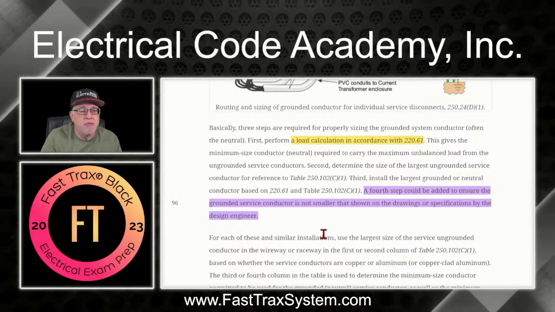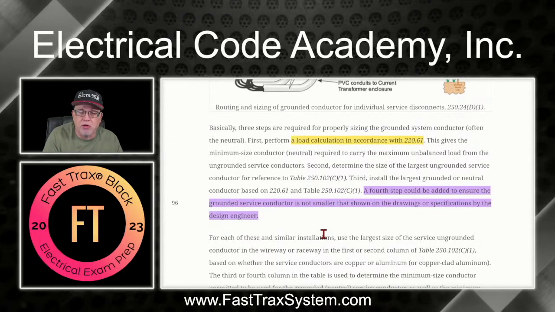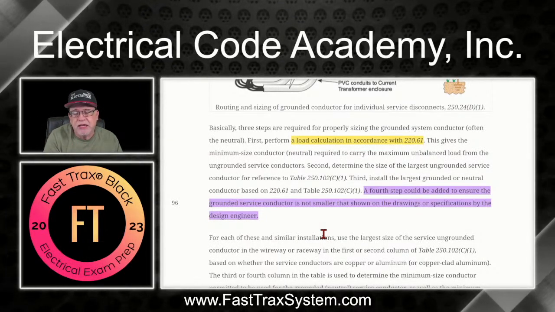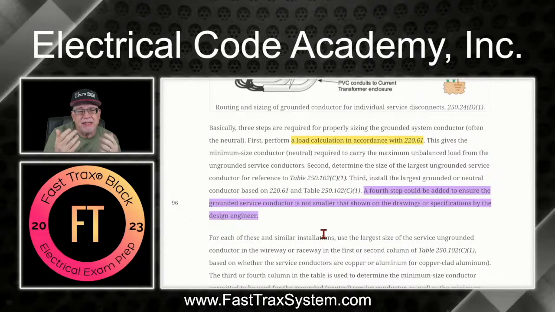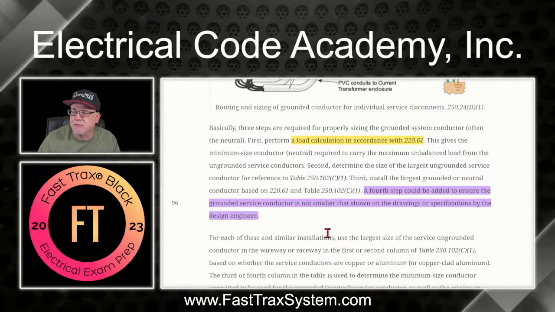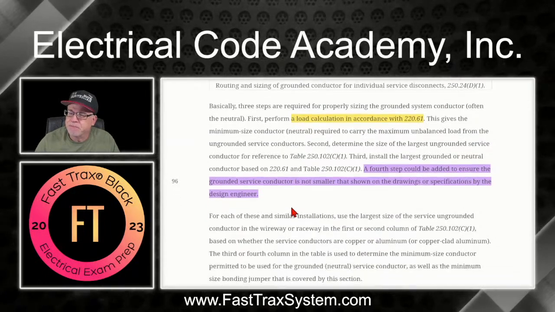So that's what they want. You may agree to disagree based on the code calculation on the load, but that's their choice. And usually they probably did a load calculation. So they're the ones that are making this decision. Okay, so you're going to follow them. So really three factors, but there is a fourth element if it's an engineered design system and they, for some reason, make it larger. Okay.